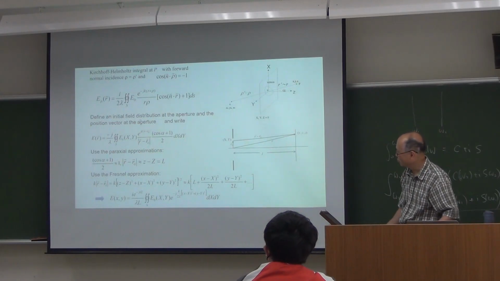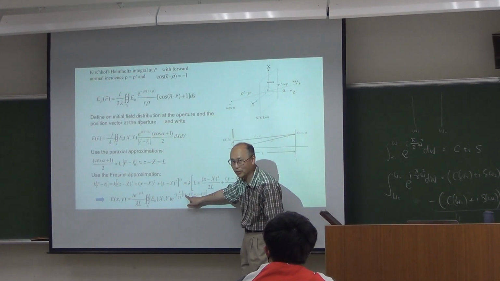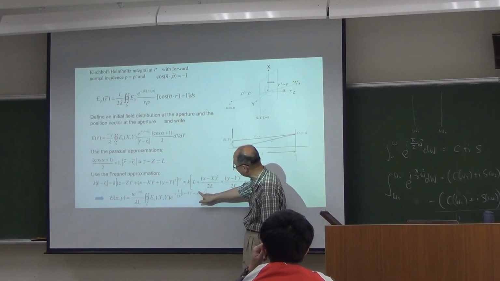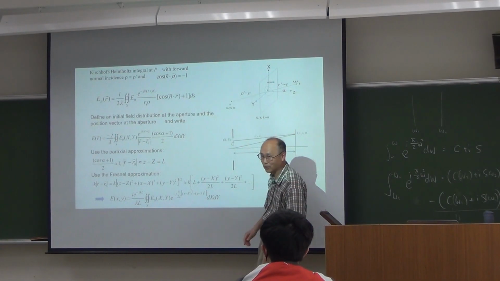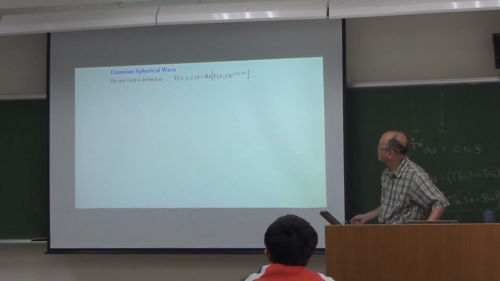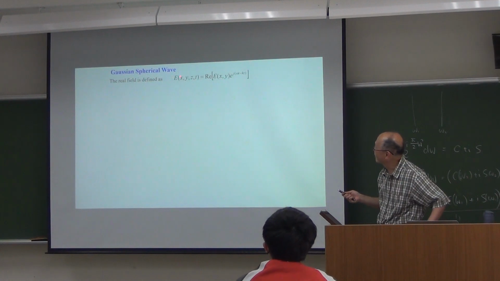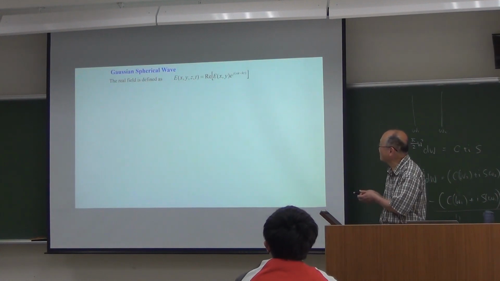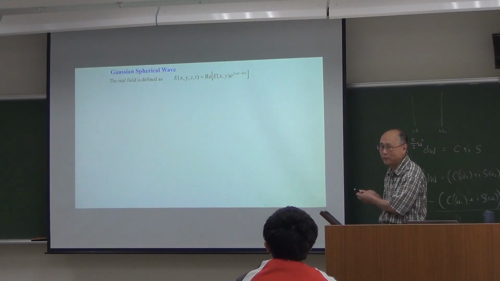All right, so this is the Fourier diffraction, except that for Fourier diffraction, we define the coordinate system to take out the linear term and keep the quadratic term. Assume that the field for this laser beam is defined like this. There's a propagation term and also a transverse field profile.